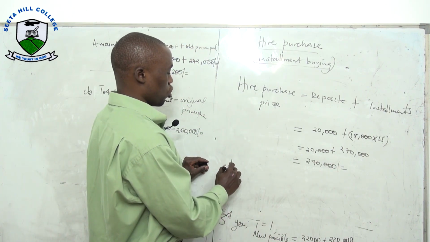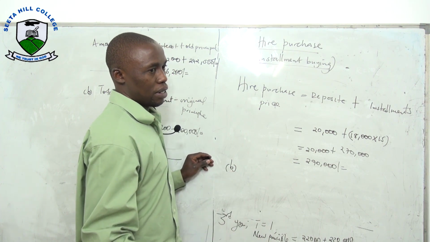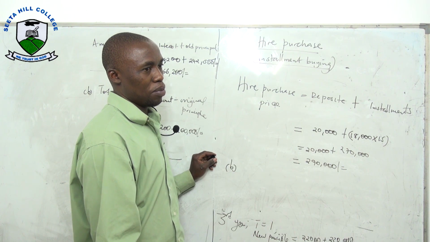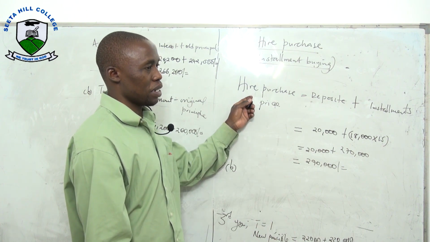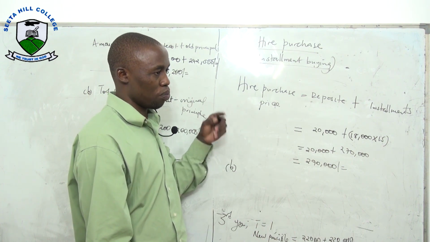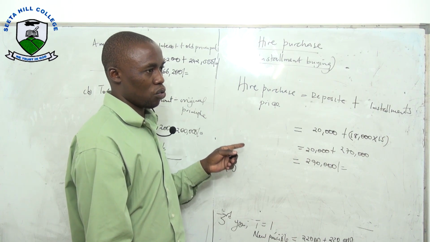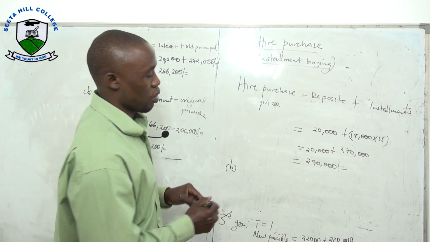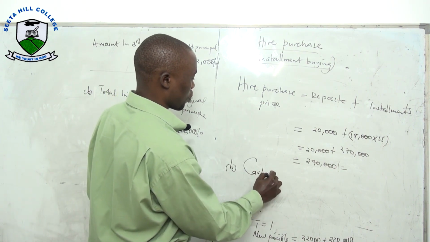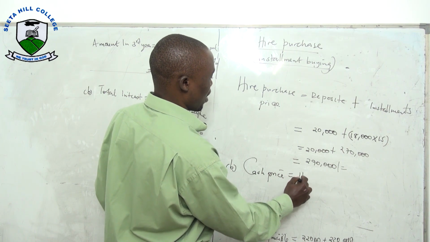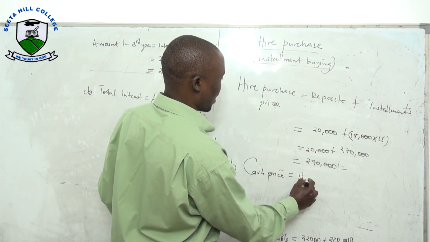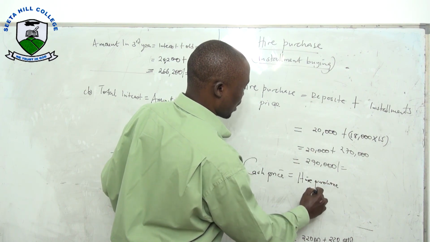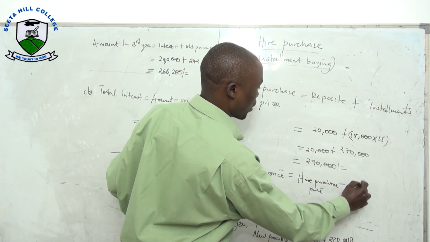Then somebody guide us on part B. Remember, we said that on hire purchase, you end up paying more than you should pay because they will cater for the time that you wasted for them. What was the cash price? Hire purchase price minus the extra money.